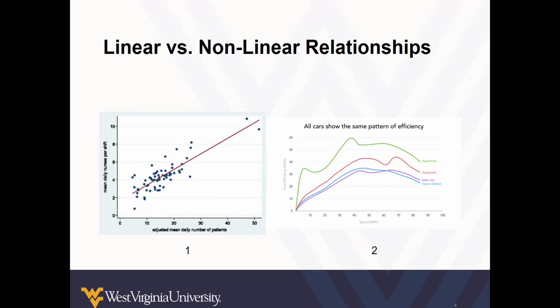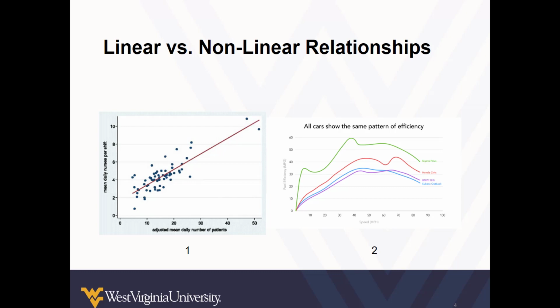Our second chart illustrates a nonlinear relationship. This chart illustrates fuel economy for 4 different types of vehicles: Toyota Prius, Honda Civic, BMW 328i, and the Subaru Outback.